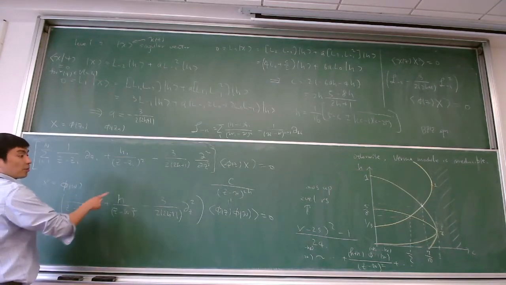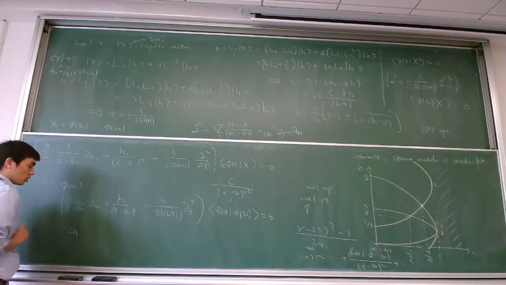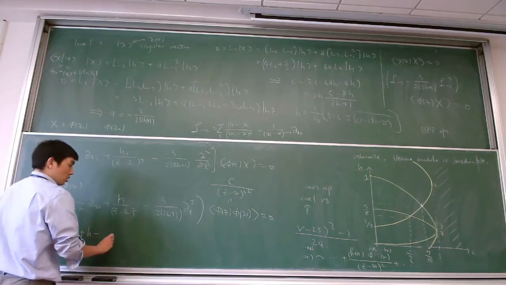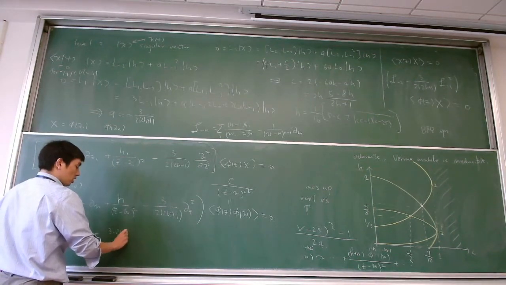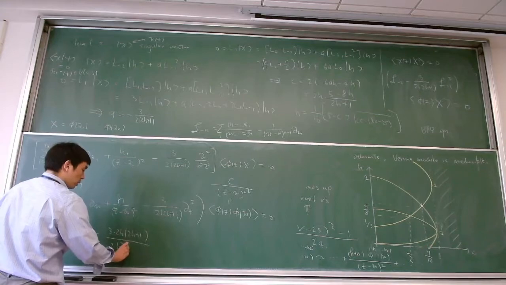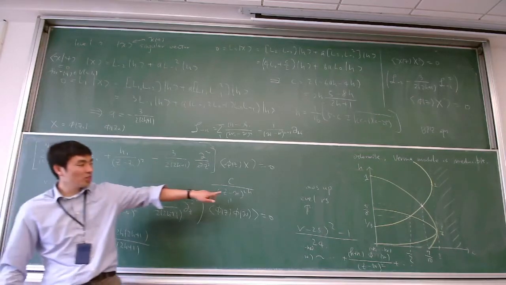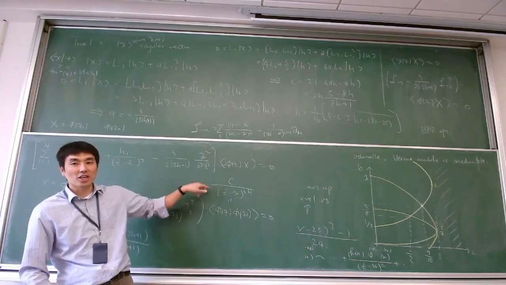So if partial w acts on here, what we get is 2h, right? Plus h, minus 3 times 2h times (2h plus 1) divided by 2 times (2h plus 1). Do you agree? Partial w acts on here, you get the 2h, right?